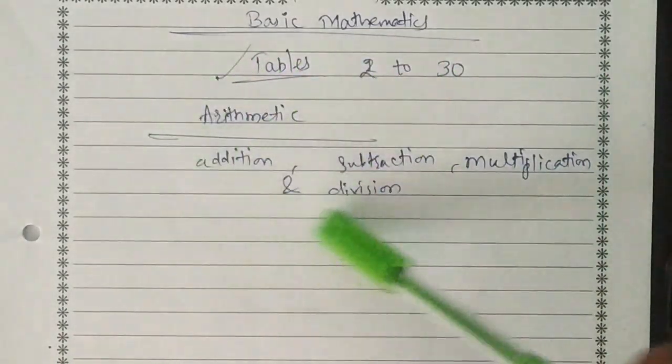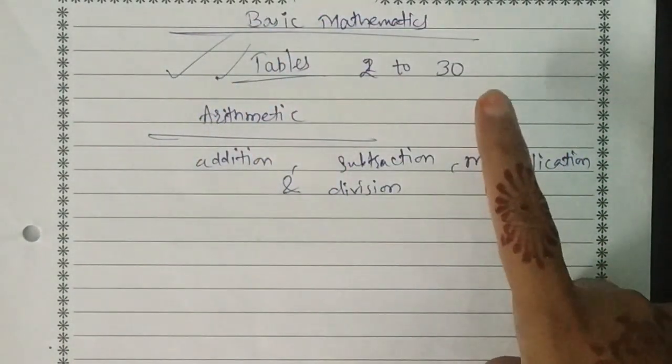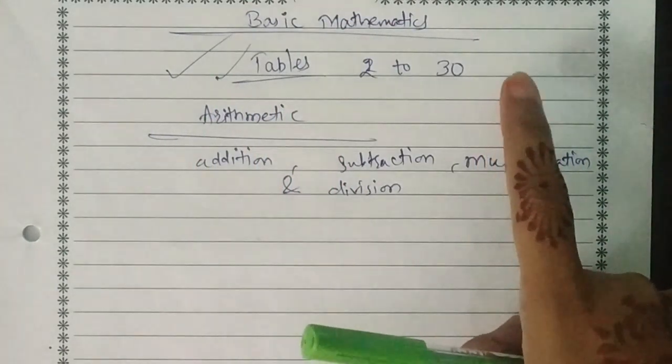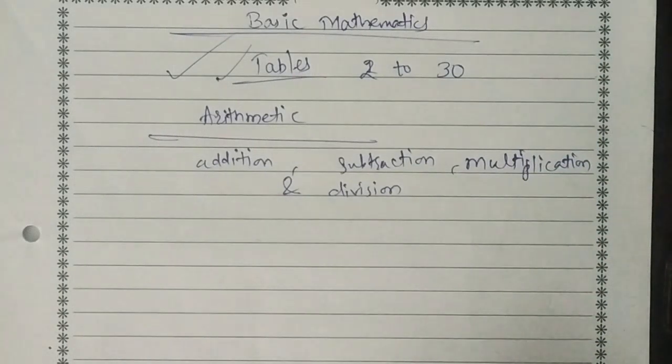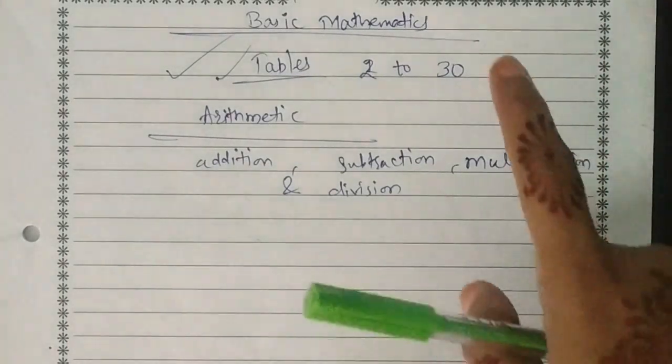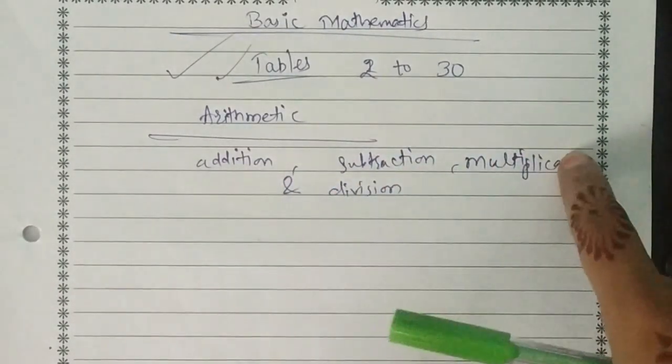For calculating them speedily, you need to learn these tables. So make a chart of these tables and paste it in your study room wherever you sit for studying, and learn them very fast. Afterwards you can move to speeding up your calculation.